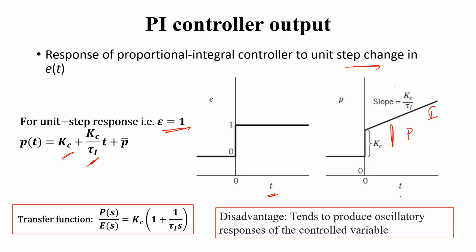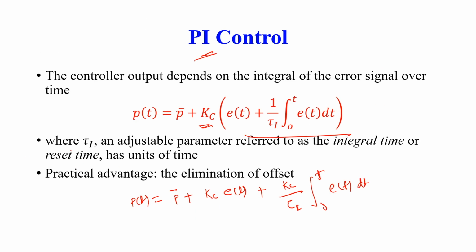You can see the response for both Kc as well as Kc upon tau I with t. So, here there will be a first increase due to proportional control, followed by a linear increase due to integral control. And similarly, we can now define the transfer function P s upon E s.